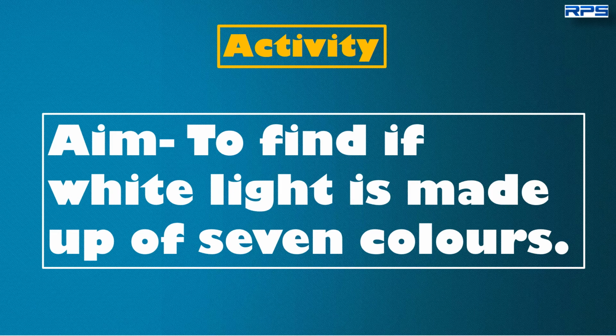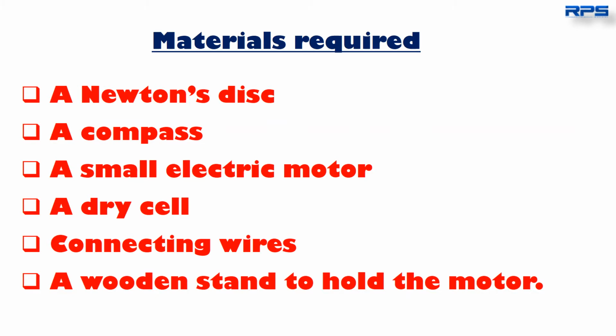The aim of the activity is to find if white light is made up of 7 colors. In order to perform the activity, you will require a Newton's disc, a compass, a small electric motor, a dry cell, connecting wires and a wooden stand to hold the motor.